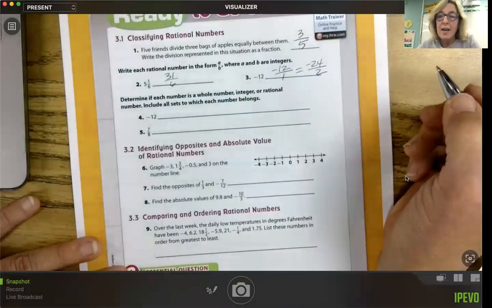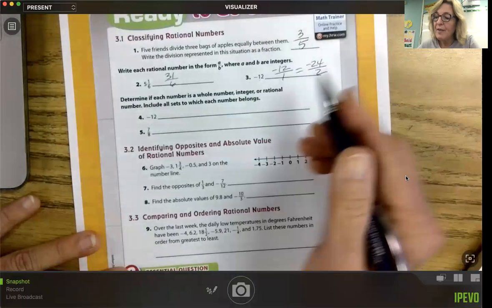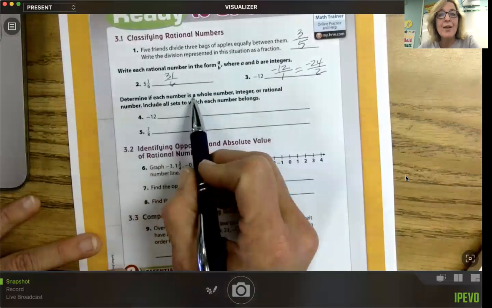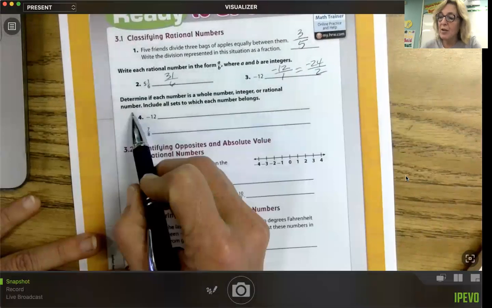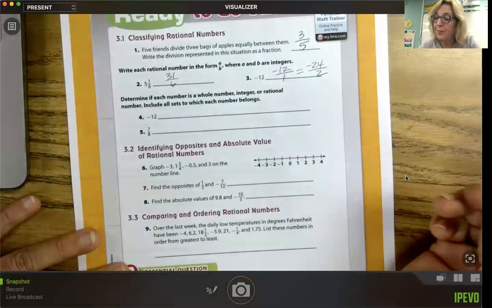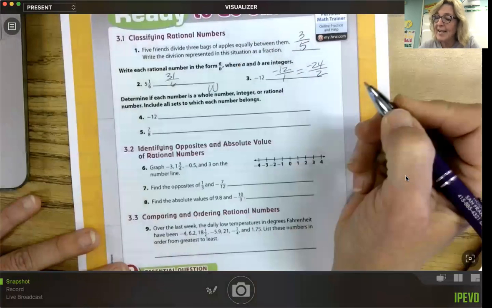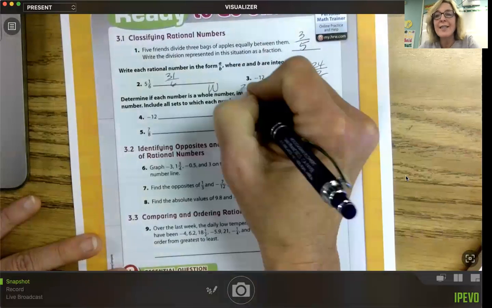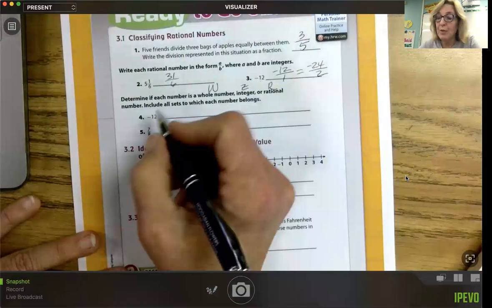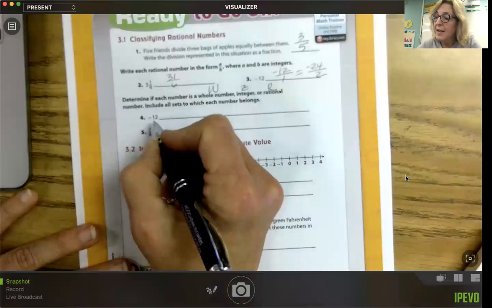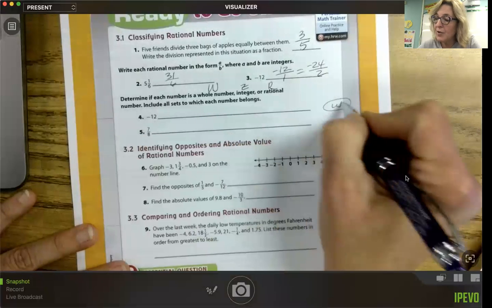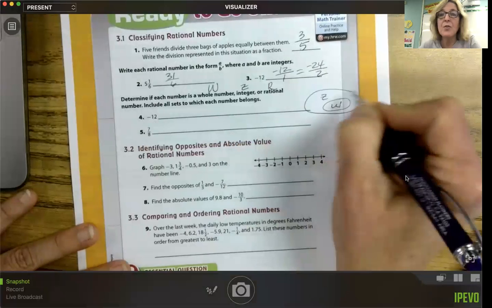Okay. The next section says determine if each number is a whole number, integer, or rational number, and include all sets to which it belongs. So let's just do a quick reminder. We said whole number is a W, integer is a Z, and rational number is an R. And so we want to include every set these numbers belong to. -12, if you remember, we have whole numbers here, and then integers, and then rational numbers.